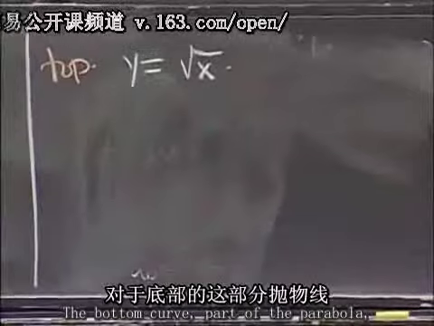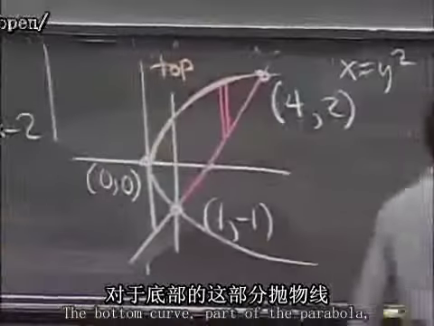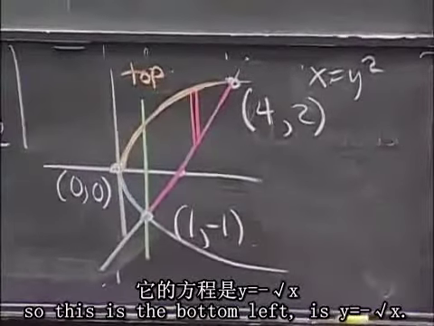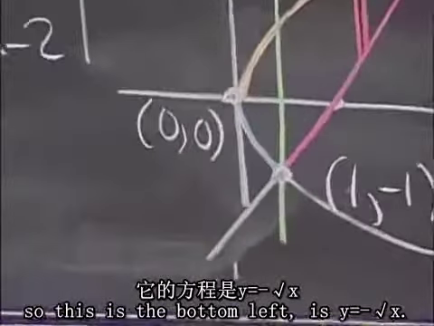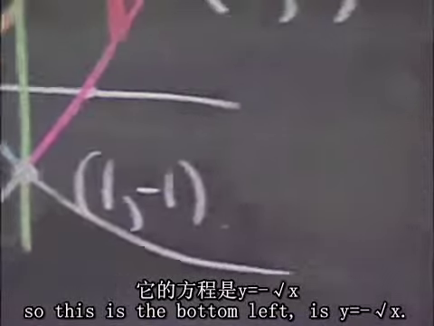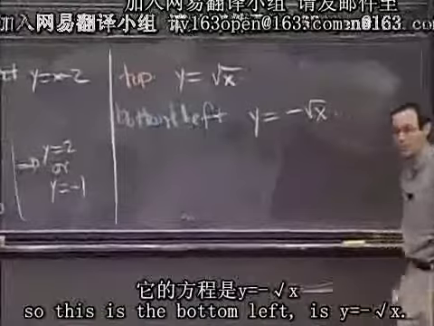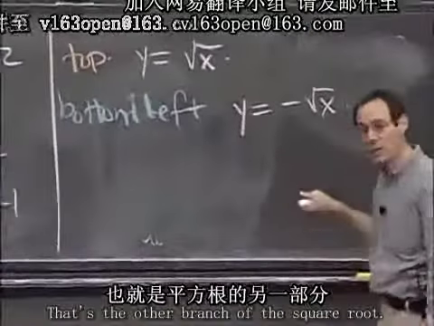The bottom curve, part of the parabola, so this is the bottom left, is y equals minus square root x.